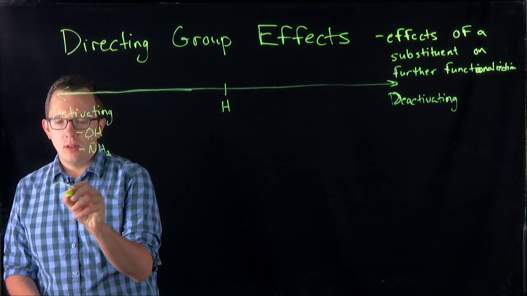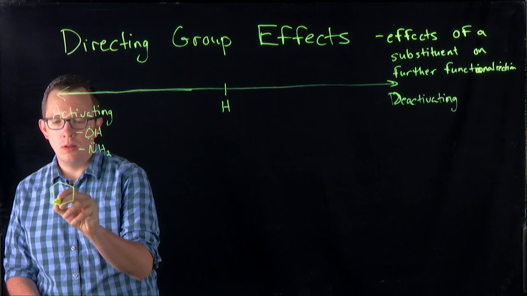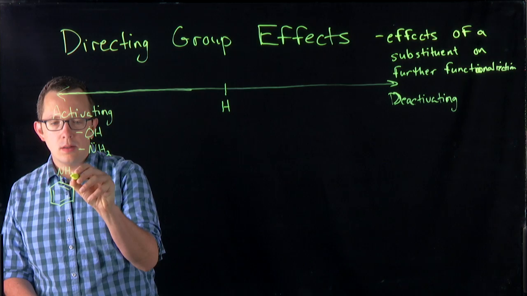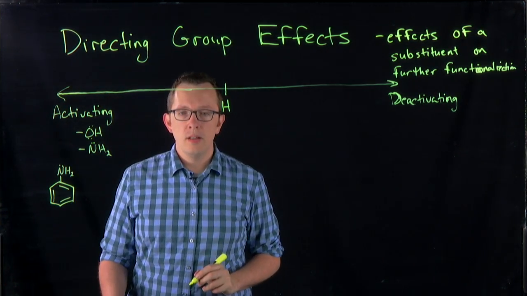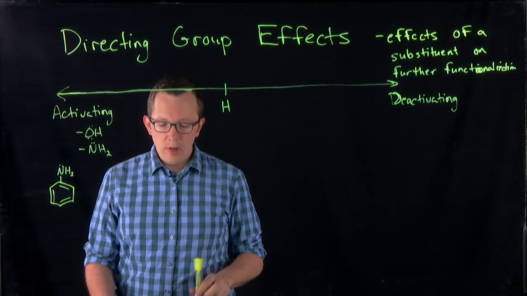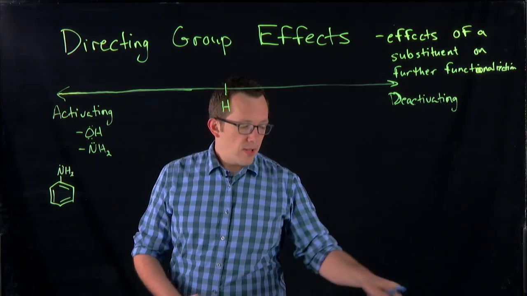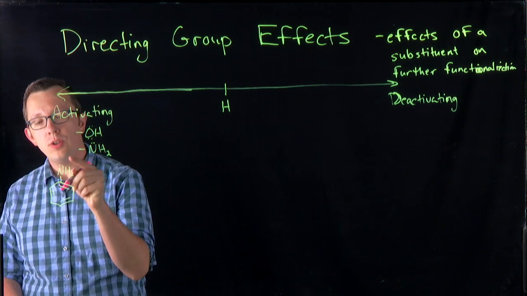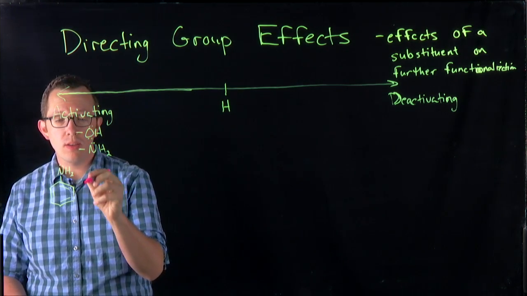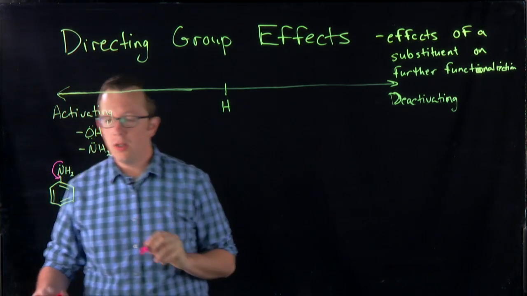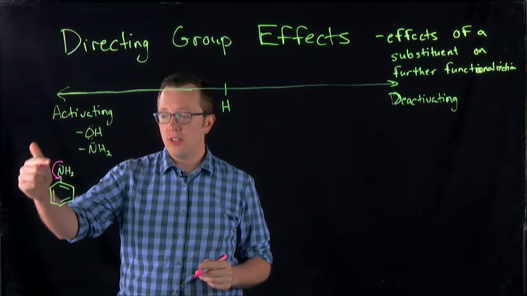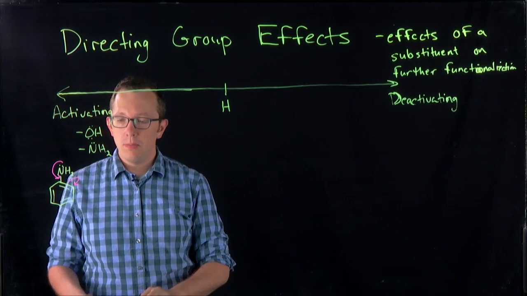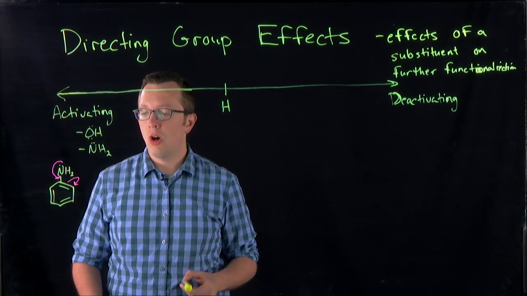So if we draw out a simple aromatic compound, and we're going to use an aniline here, so an NH2 group, what we can do is draw a resonance structure where we push the lone pair into the benzene ring. So we can take the lone pair, push it down towards the benzene ring, and we can draw a resonance structure where we put a charge on this position here.